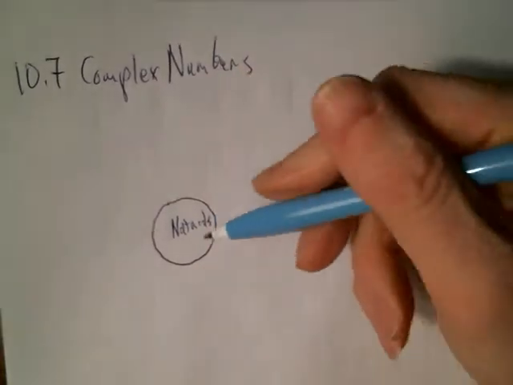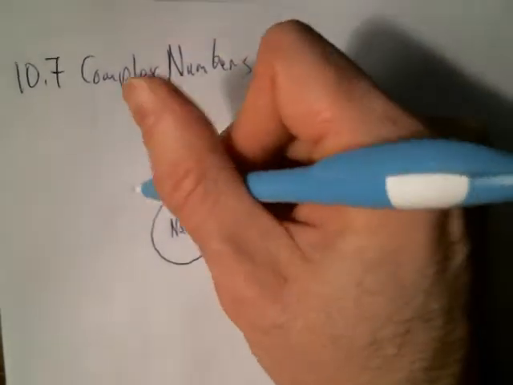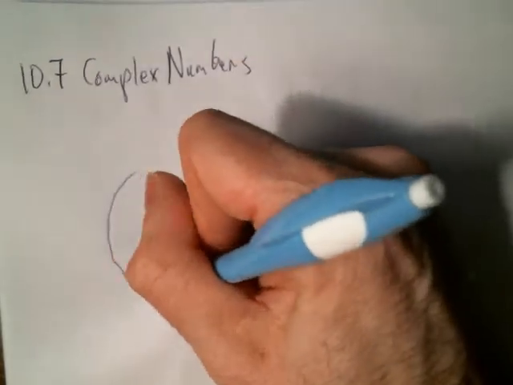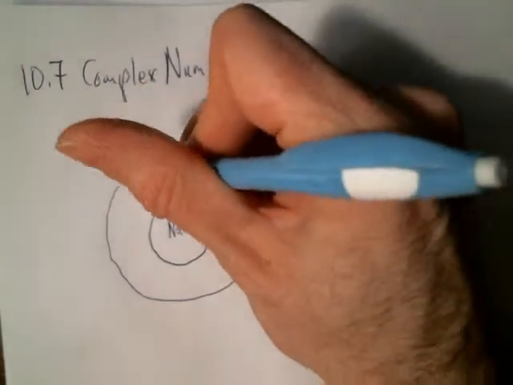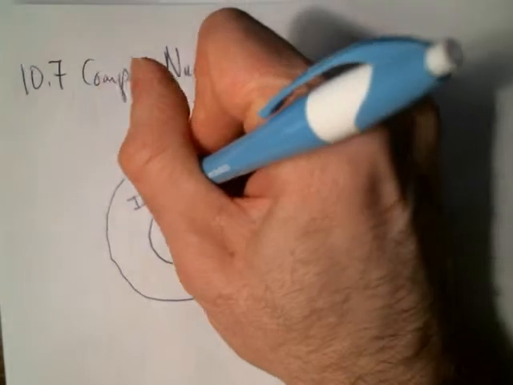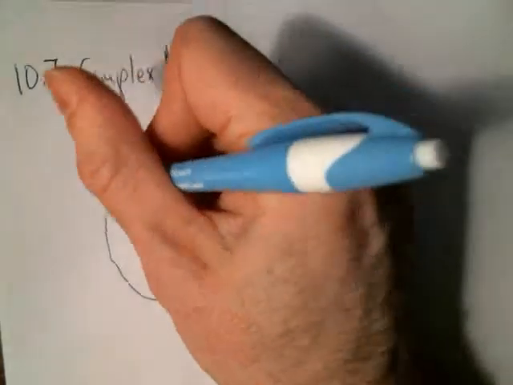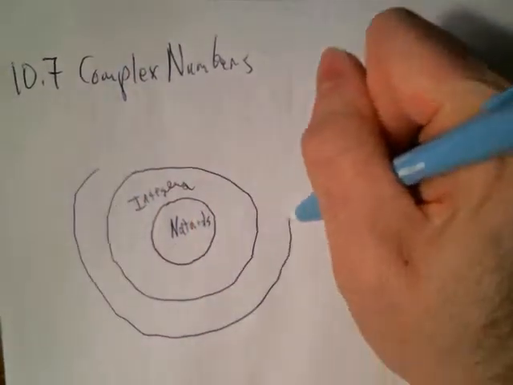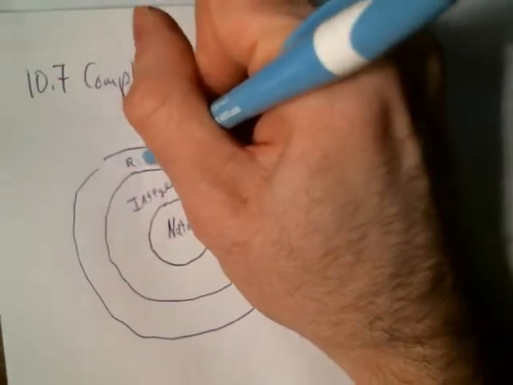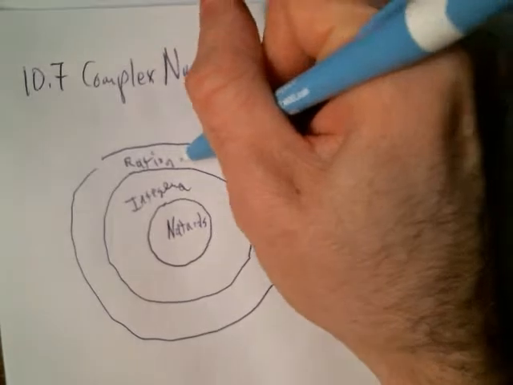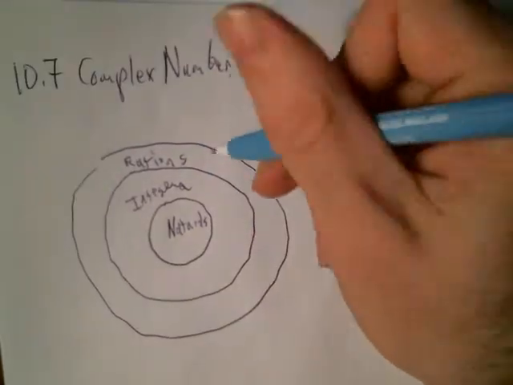And then in maybe the next grade level, we expanded that idea and said, hey, wait a second, there's also these negative numbers, right? So we call those the integers. And then we said, wait a second, there's more to the world than that. We added in the rationals, so fractions and stuff like that.